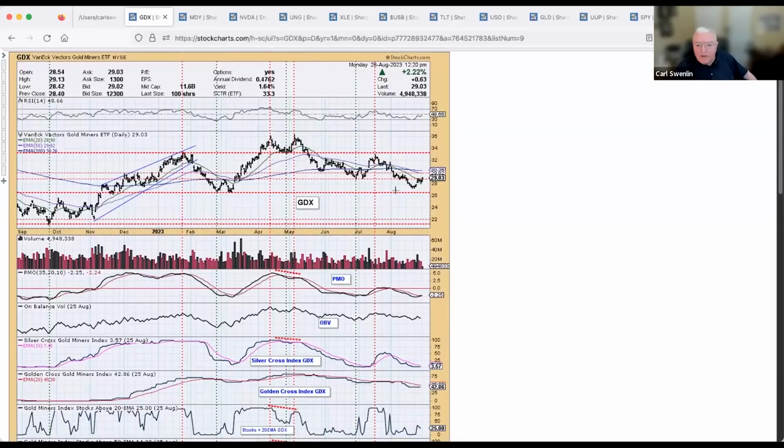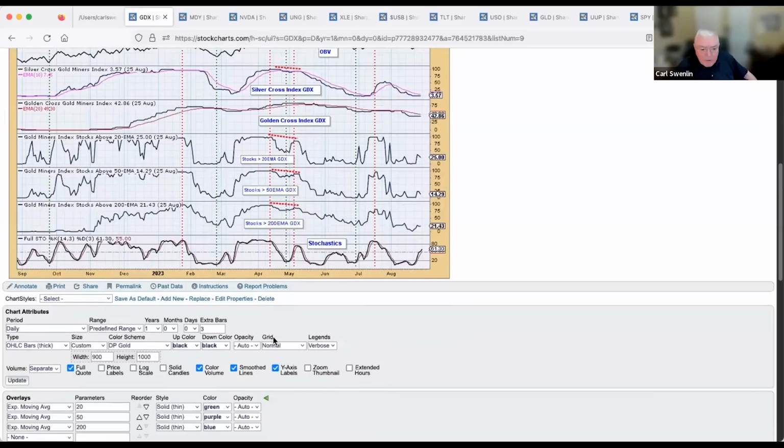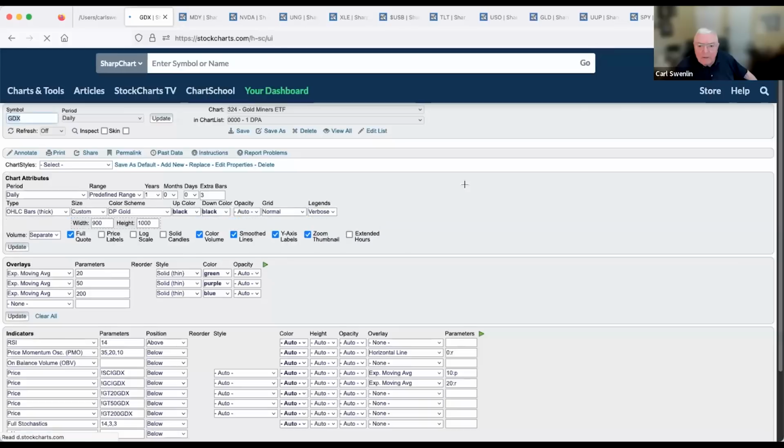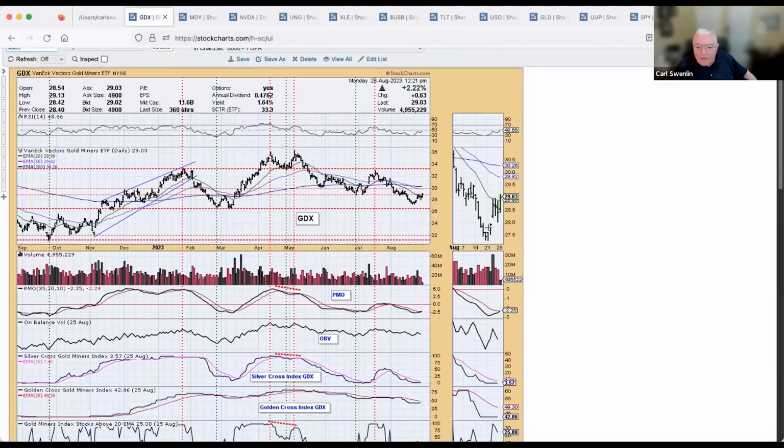And I'm seeing the same kind of pattern here in the last few days. Notice we got the gap up on Wednesday. Consolidation is moving higher. So if gold keeps going, I definitely say that the miners are headed higher as well.